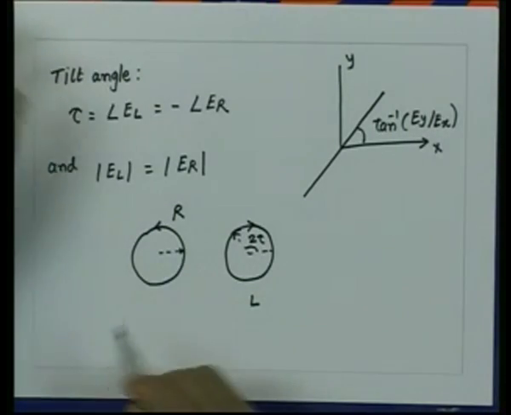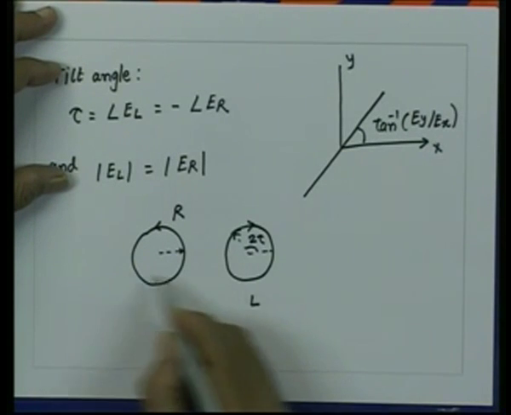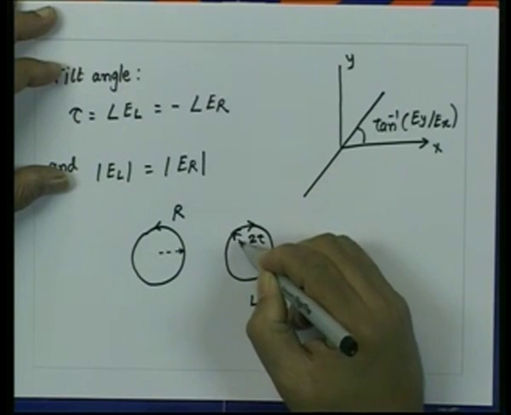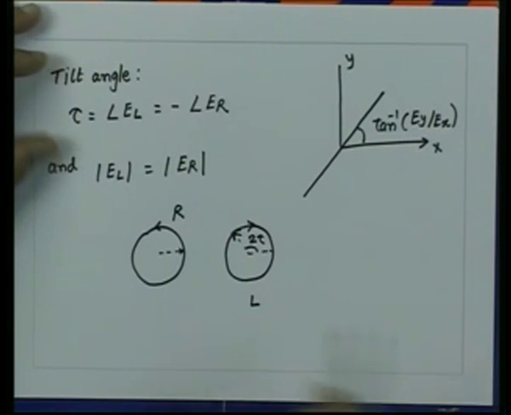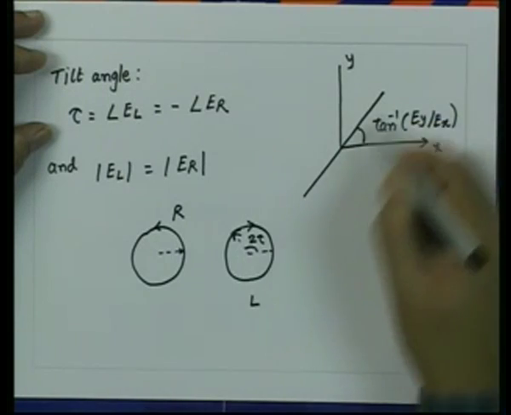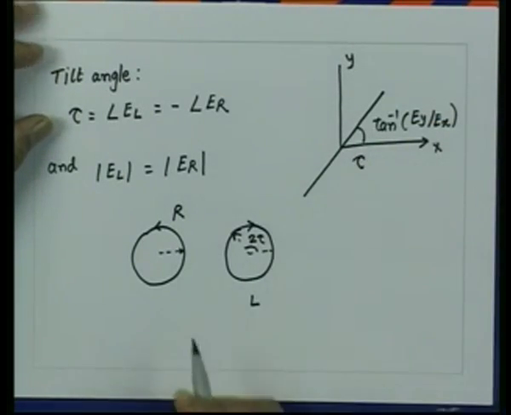at that time the two vectors will align to give you the maximum field. So, if these two are equal and if we start with the vector position which is like this, so the difference between the two vectors is 2 tau, then you will get a linearly polarized wave with an angle tau. So, this angle is tau.